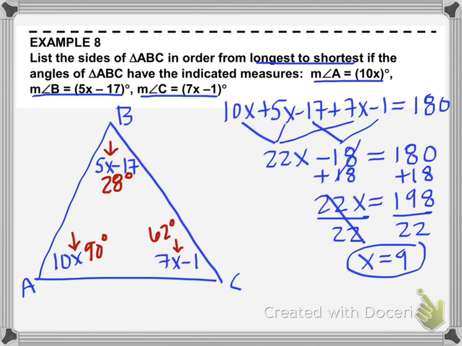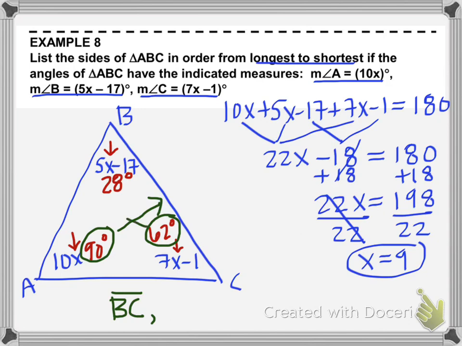Now we can list our sides from longest to shortest. So the longest side is going to be across from the largest angle, which is the 90 degrees. If I draw an arrow from that to the side across from it, that means BC, the side across from the 90, is going to be my longest side. My next largest angle is the 62 degrees.